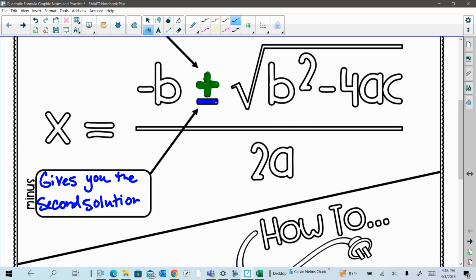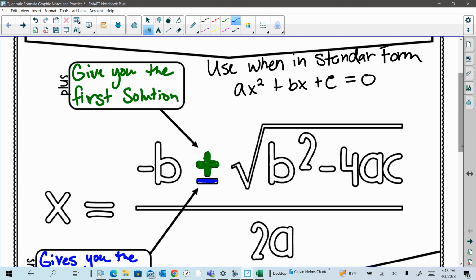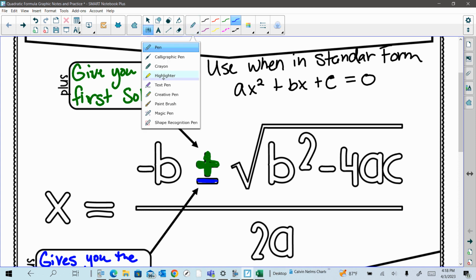Okay. All right, so the parts that we're going to use in our formula are the same parts that are in standard form. So, for example, I'm just going to highlight these parts.